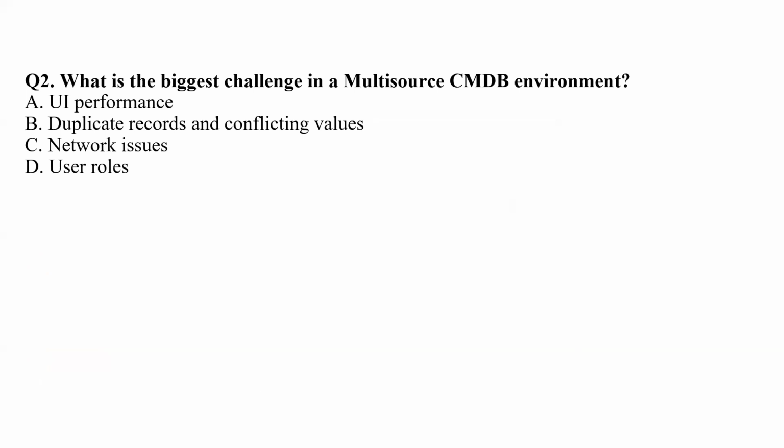Next one. What is the biggest challenge in a multi-source CMDB environment? Option A, UI performance. Option B, duplicate records and conflicting values. Option C, network issues. Option D, user roles.